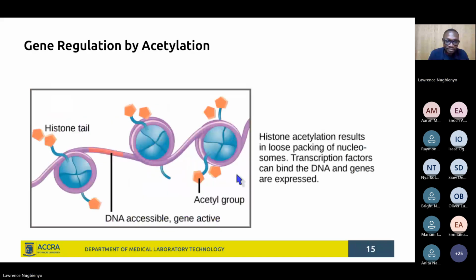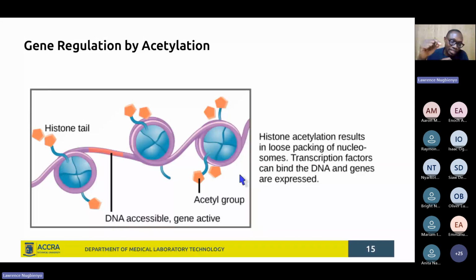Right. The second form of regulation is acetylation. So acetylation will be doing the opposite of what methylation is doing. When you are having acetylation, usually you have these amino acids that are positively charged.